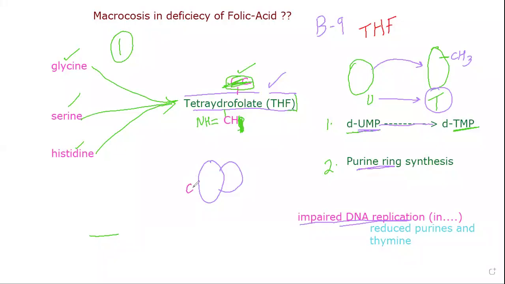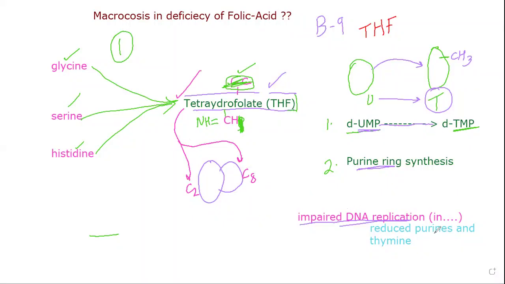The second carbon and the 8th carbon of this purine ring are donated by tetrahydrofolate. So tetrahydrofolate provides C2 and C8. So if there is deficiency of tetrahydrofolate, there will be reduced synthesis of purine.